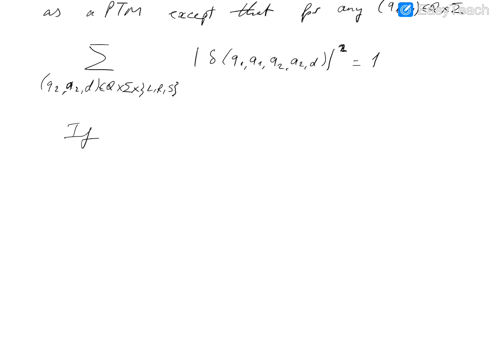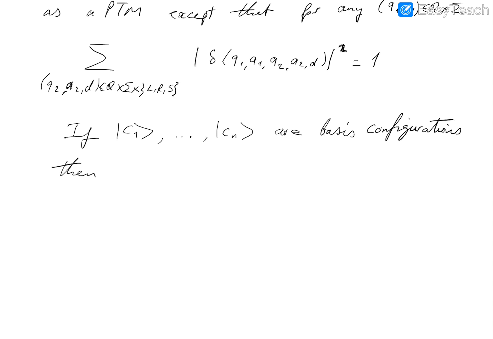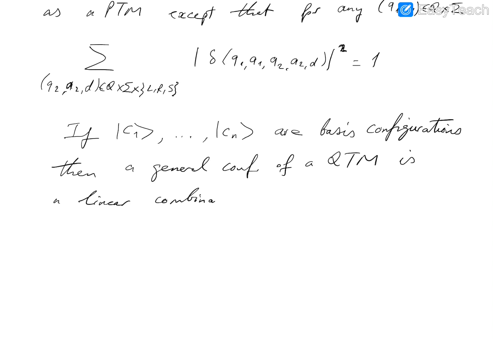So if we denote by ket notation C1 through Cn the basis configurations, then a general configuration of a quantum Turing machine is a linear combination alpha 1 ket C1 plus ... alpha n ket Cn.